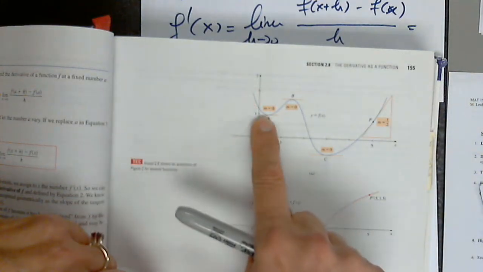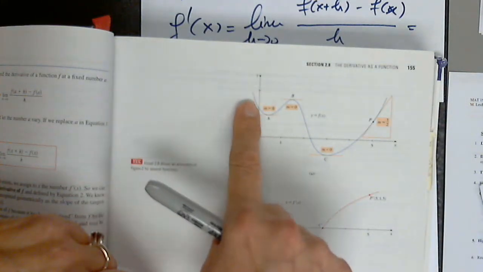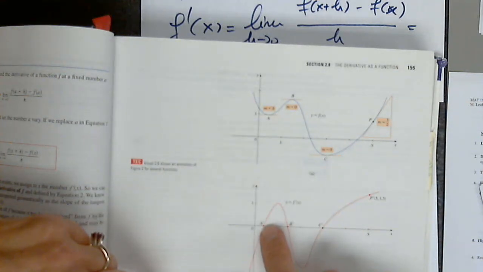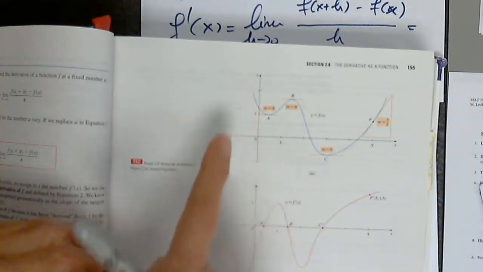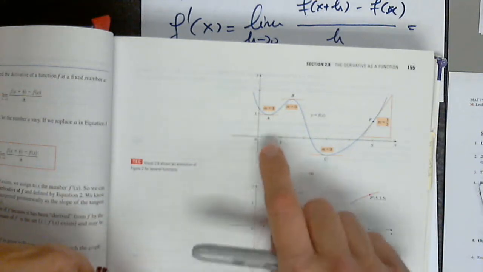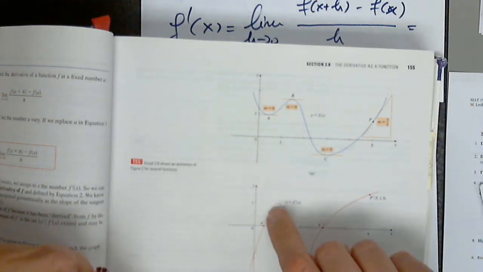Definitely on this portion, they're all negative slopes. Okay, here's the function. The derivative is negative, from huge negative to smaller negative till 0. Now this is positive.